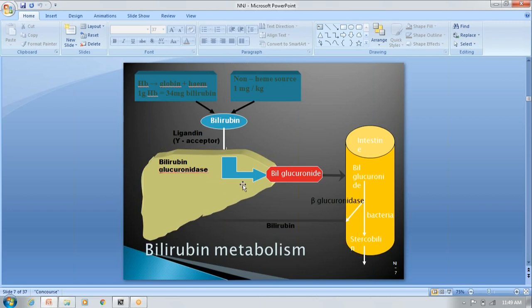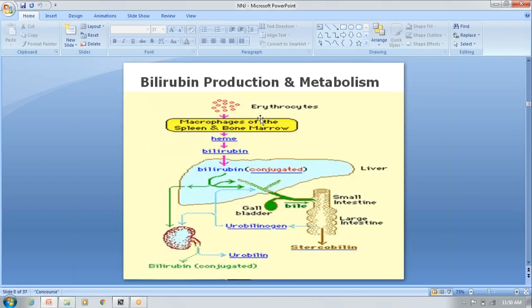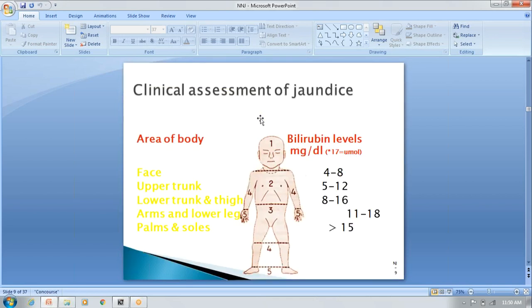These products may go into the intestine, where the beta glucuronidase enzyme and bacteria degrade the glucuronide, and it is excreted in the stool as stercobilin and in the urine as urobilinogen. This is the simple mechanism of bilirubin metabolism. This is another one, anyway the same thing only.